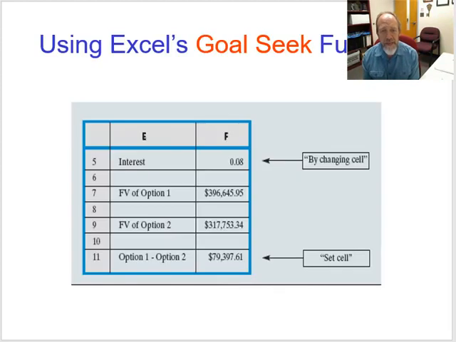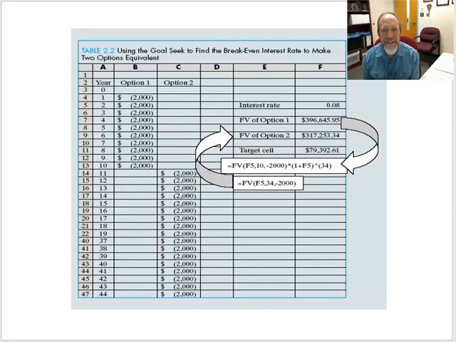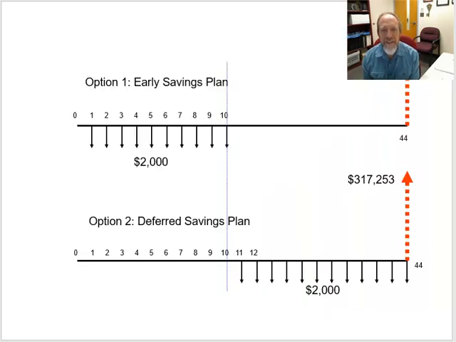I do that by changing the interest rate. And when I do that, it's going to get to an interest rate of 6.5, and then the target cell is going to end up being 0. And guess what? It did what we expected to do. It went down. Okay? All right. You can calculate it other ways too, but you know what? That works.